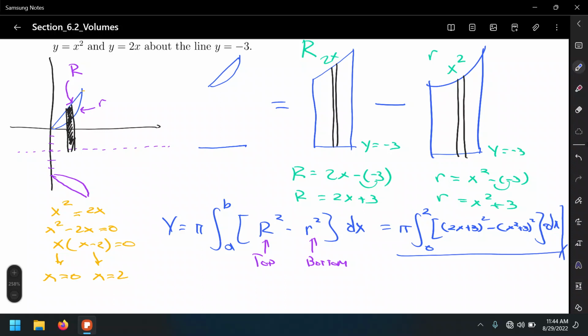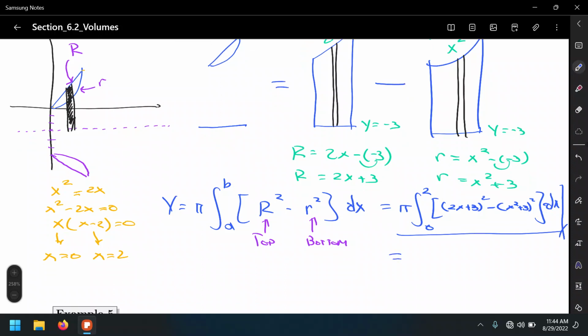So for this reason, you will be asked to only set up the integral. But of course, if you want to take the time to evaluate these integrals, this should be 184 over 15 times pi. All right, just in case you're curious.